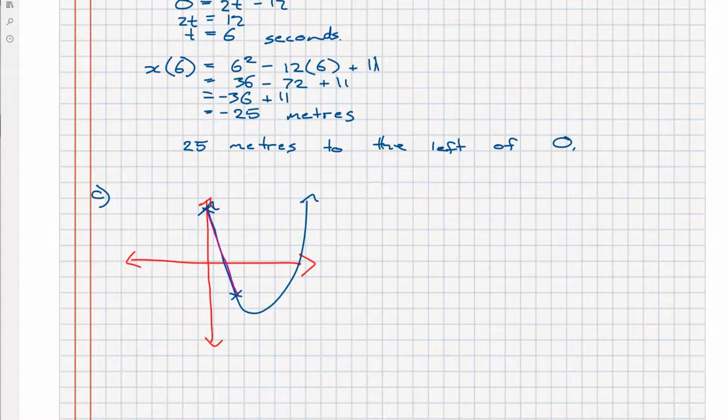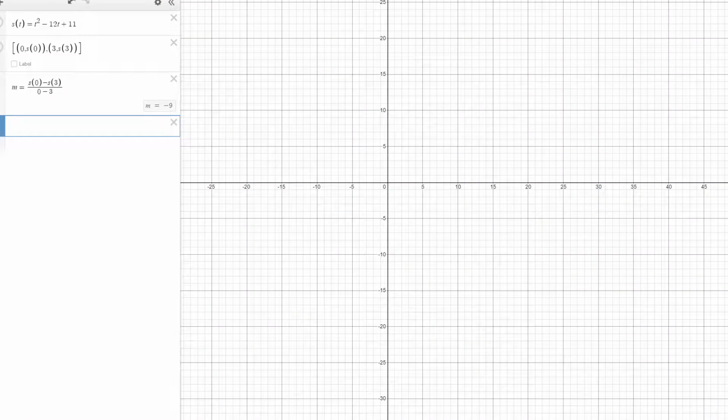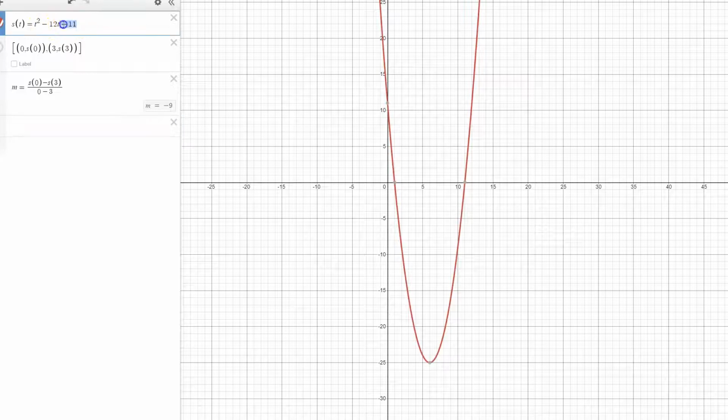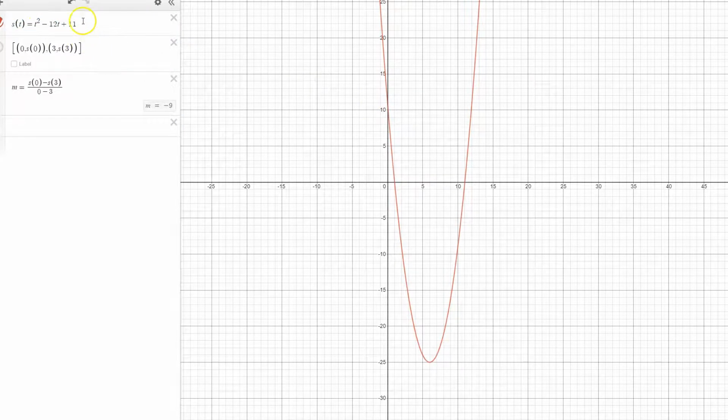Now this is pretty messy, so if we go across to Desmos, we can observe what's going on here a little bit easier. So if I type in the function, s of t is defined as t squared minus 12t plus 11. What we're looking at is the points at t equals 0, so 11. So let's just type that in a little bit nicer.